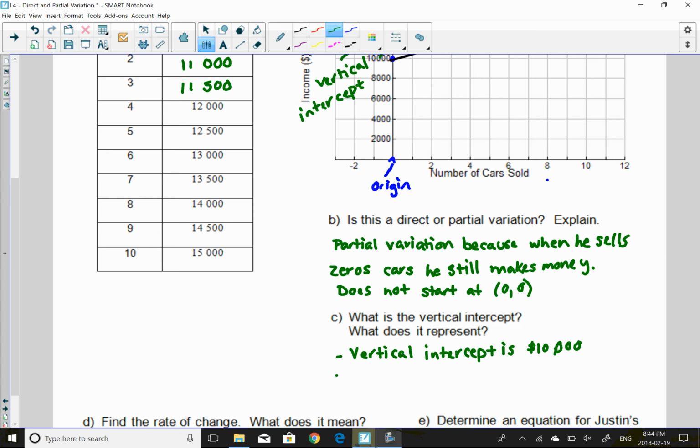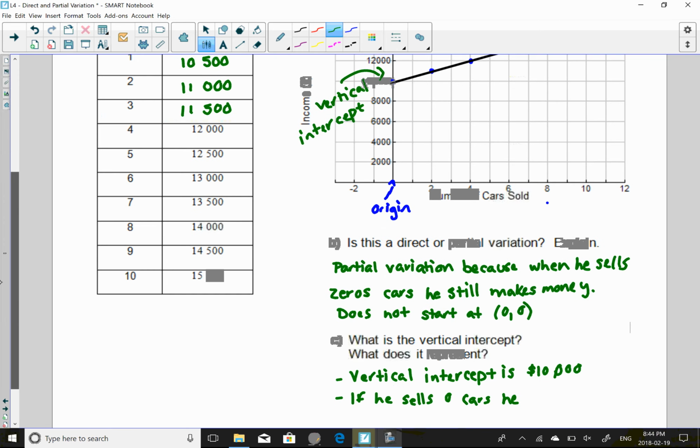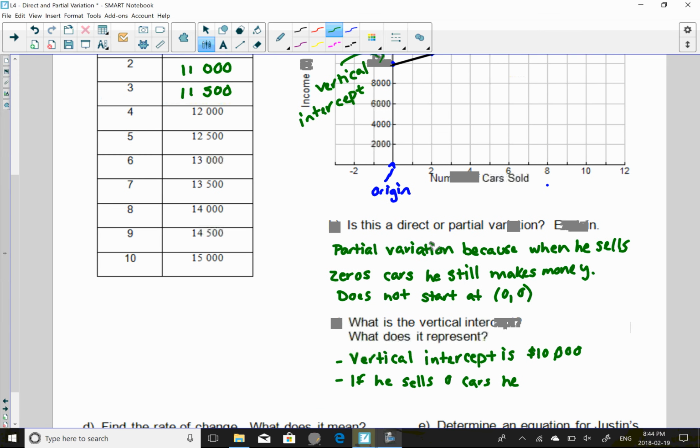And it represents, if he sells 0 cars, he still makes 10,000. So basically his starting salary is 10,000.